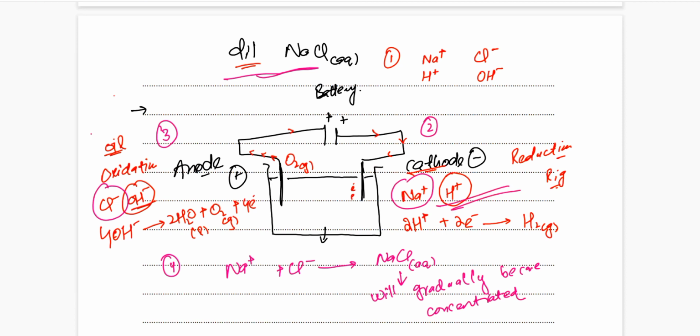What happens on the anode, this third step? One of them will be preferred for discharging, one of them will be discharged. The remaining which have not been discharged will be written in this step, and we can write here that we have NaCl aqueous.